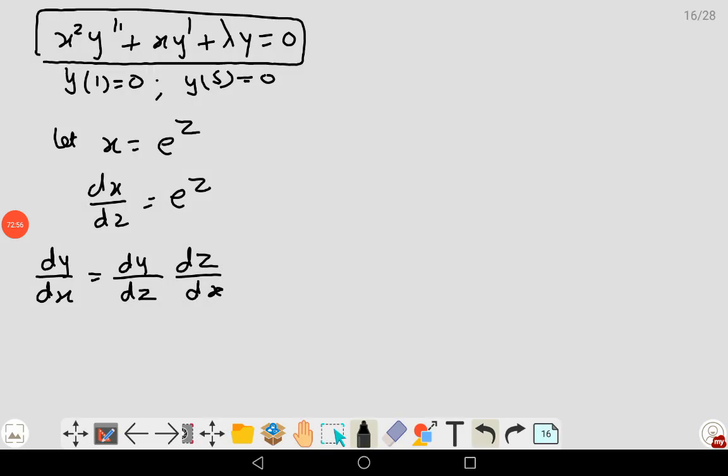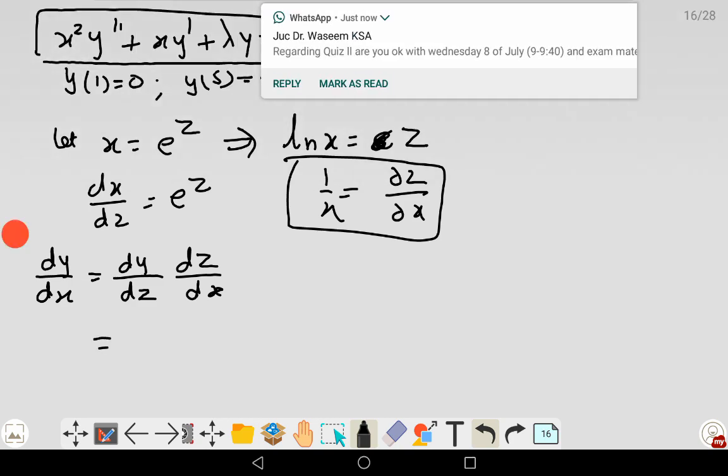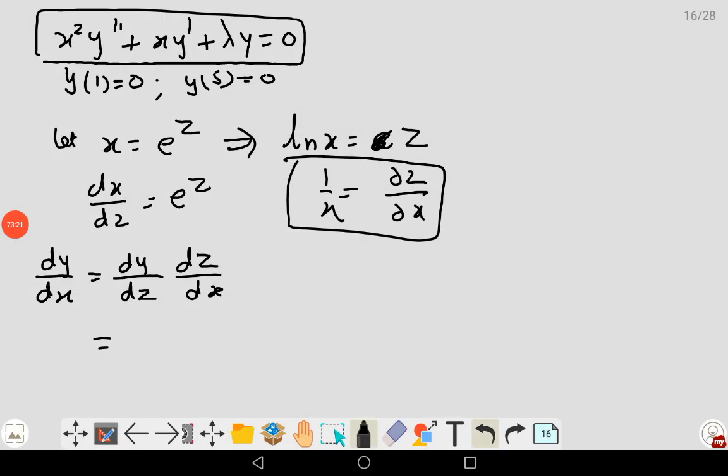What is dz over dx? When x is e power z, ln x is z, so when you differentiate z with respect to x, it will be 1 over x.